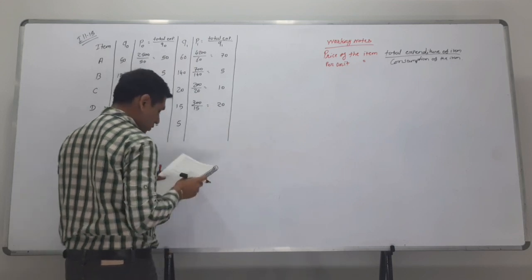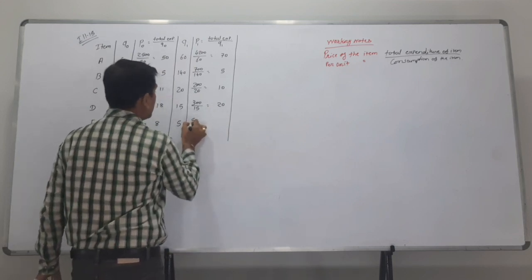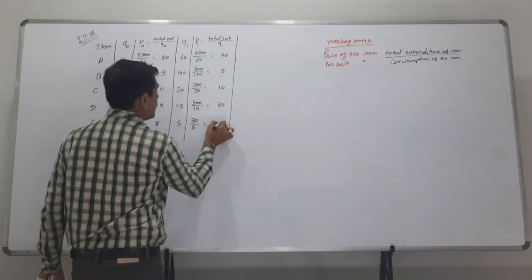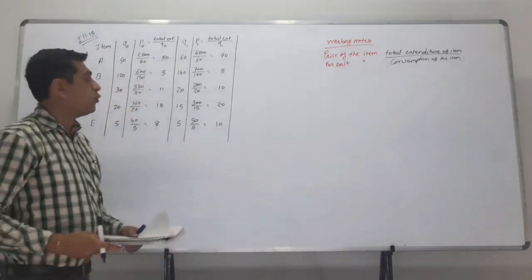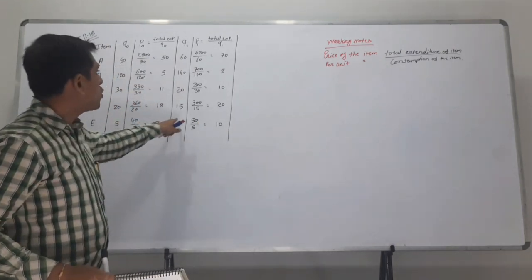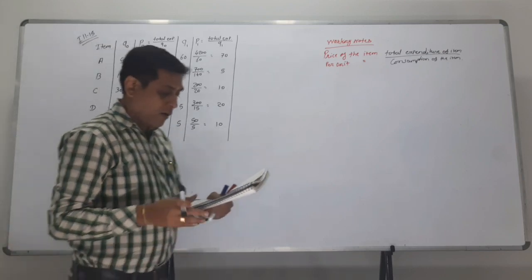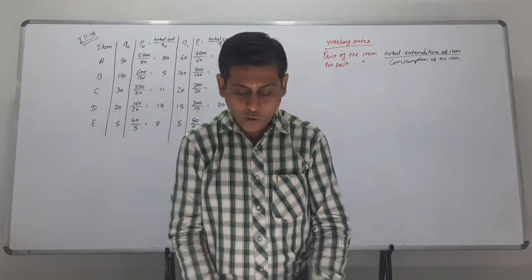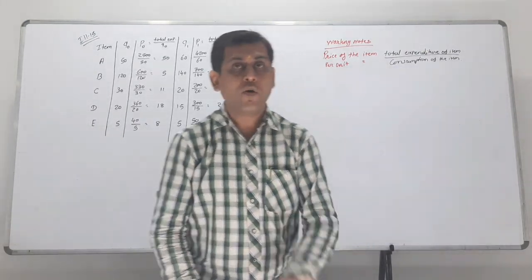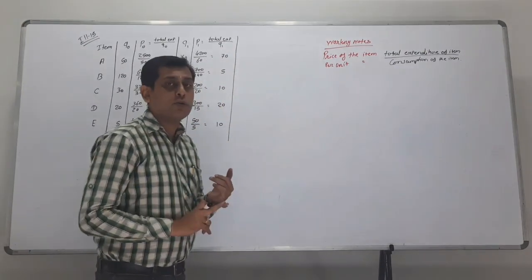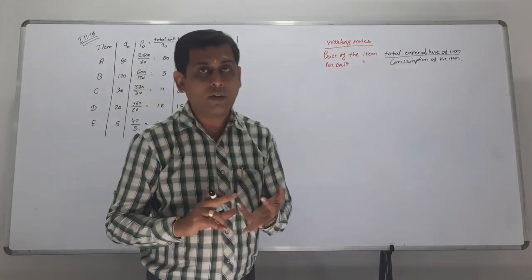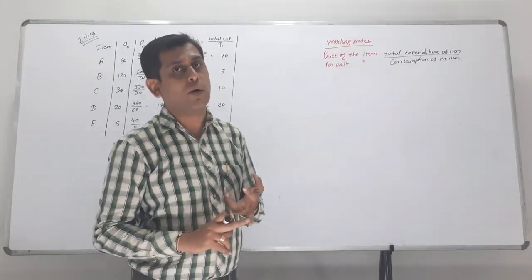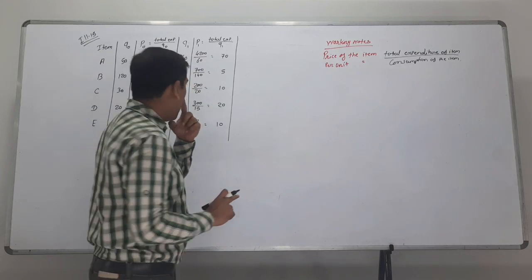And the last one is 50 divided by 5, that is 10. Now we have Q0, P0, Q1 and P1, and we have to find out the Fisher's index number. So for Fisher's index number we want 4 columns: P1Q0, P0Q0, then P1Q1, and the last one is P0Q1.